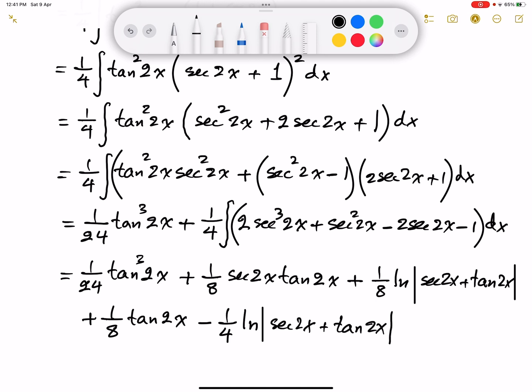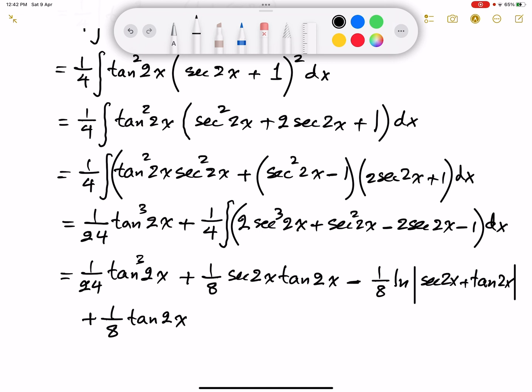So we can notice that we have 2 natural logarithms here that can be merged together in one term. Basically 1/8 minus 1/4 is going to give us minus 1/8. So basically what I can do here, I can just get rid of this whole thing and just put minus there. That would simplify things a lot.